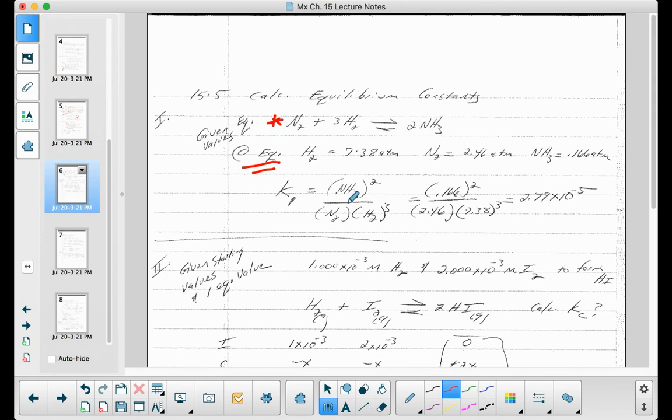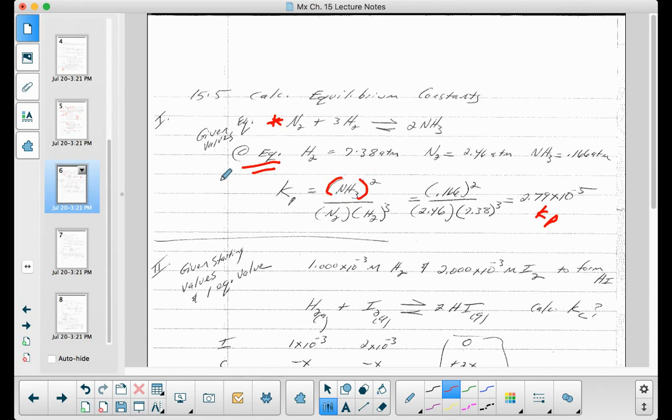So I just plug in those values according to the expression, squared for the NH3, cubed for the H2, and I get a Kp value. It's Kp because I have pressures.